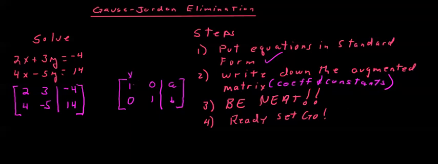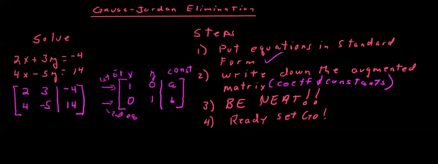This column signifies the coefficients of x. This is the coefficients of y. This is the constants. This row is the first equation. And this row is the second equation.